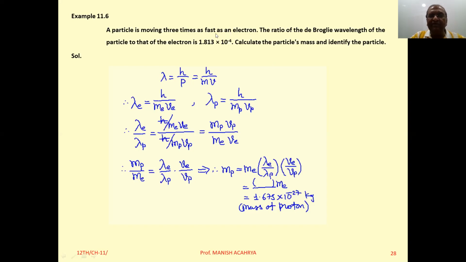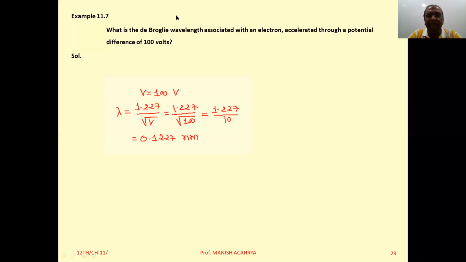The particle is moving 3 times faster than the electron, so speed of particle is 3 times the speed of electron. Substitute that, and then substitute mass of electron, solve it, and you will get the answer 1.675 × 10^-27 kilogram. And this is the mass of a proton. It implies that the particle is a proton. Clear to all of you?